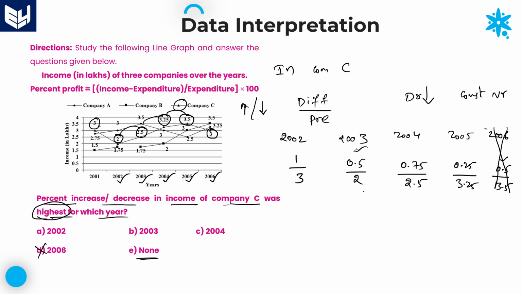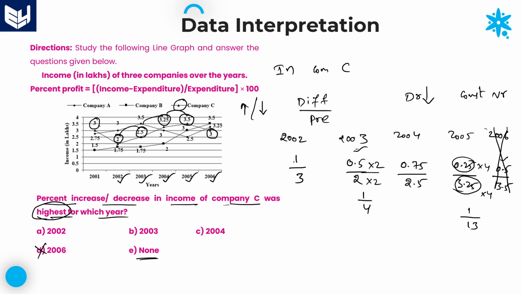You can eliminate 2006. This is the highest. And next one, similarly, here you can multiply numerator and denominator with 2, so that it will be 0.5 into 2, that is 1, 1 by 4. And coming to this case, 0.25 into 4, that is 1, divided by 3 fours are 12 plus 1, 13. 1 by 13.